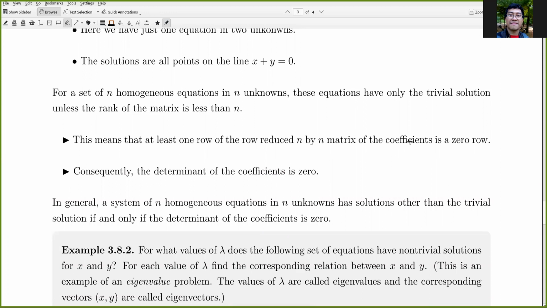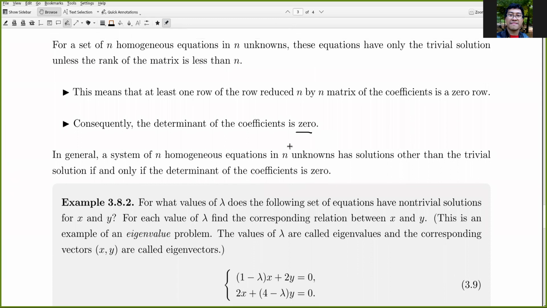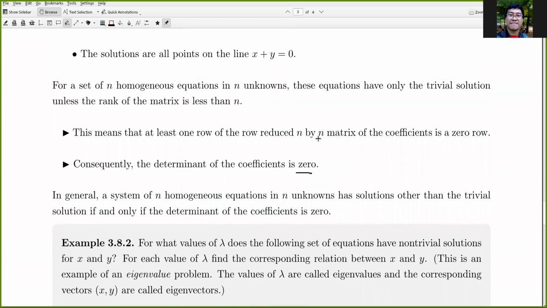Then the determinant is 0. In general, a system of n homogeneous equations in n unknowns has solutions other than the trivial solution if and only if the determinant of the coefficients is 0. So this is one way to determine if there are non-trivial solutions. We set the determinant to 0.